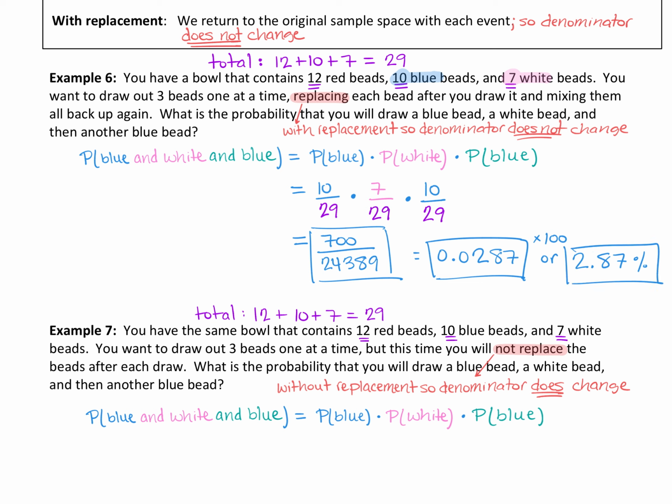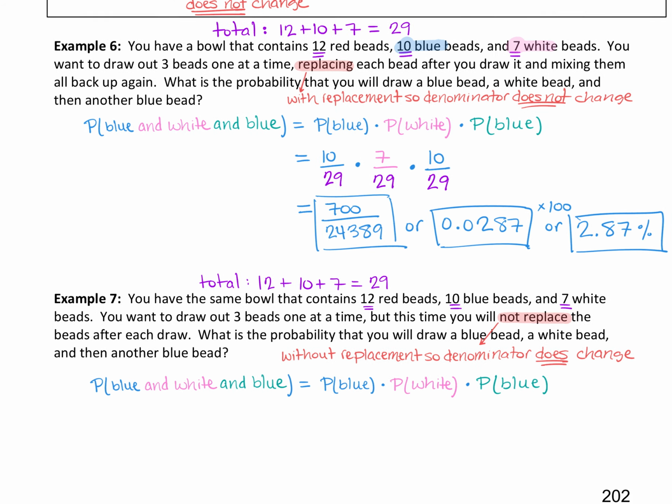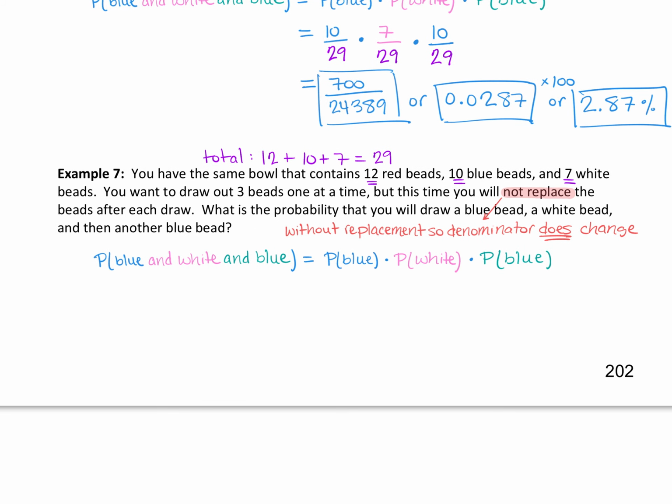All right, our last example on this page is the same bowl with the same number of red beads, the same number of blue beads, and the same number of white beads. So there's still 29 beads total. But this time, we aren't going to replace the bead after we draw.